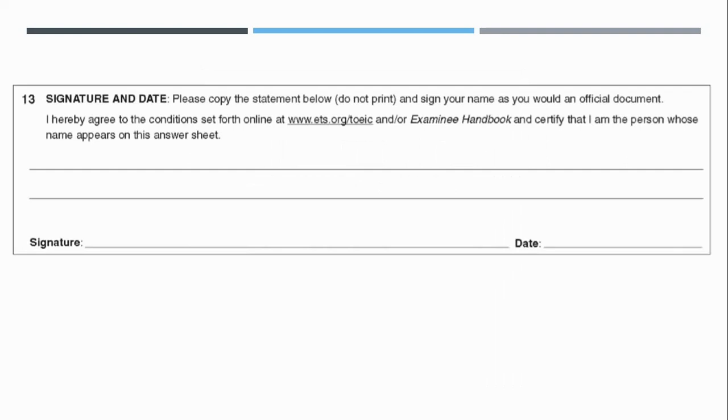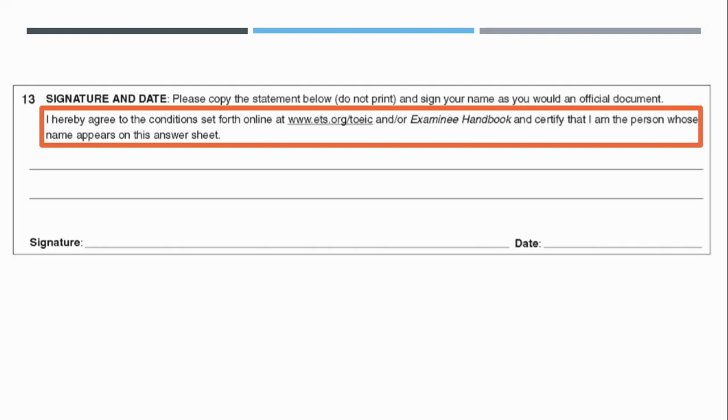I'll read it for you. It says there, 13, signature and date. And it says, please copy the statement below, do not print, and sign your name as you would an official document. Okay? So this phrase over there is something that you have to write down on the lines that are below that phrase.